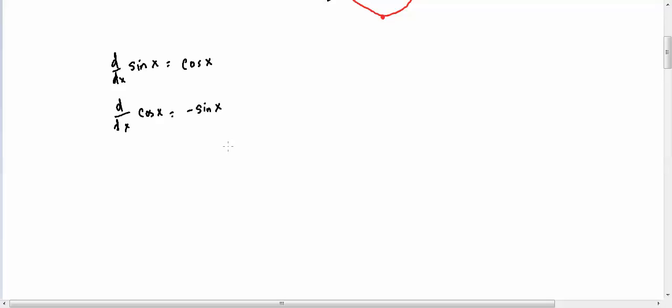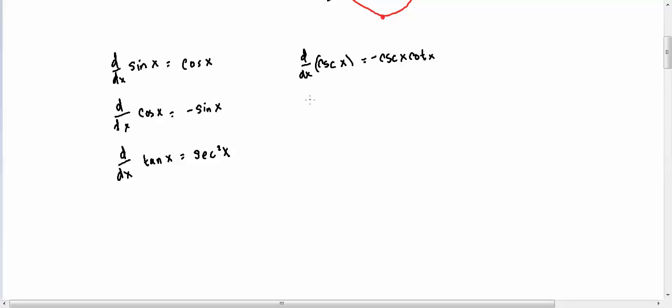The derivative of tangent of x is equal to the secant squared of x. And you've got these kind of obscure ones, but it's worth noting, so I'm going to write them down. d/dx of the cosecant of x is equal to negative cosecant of x times the cotangent of x.